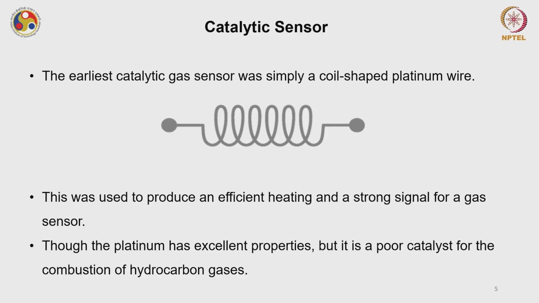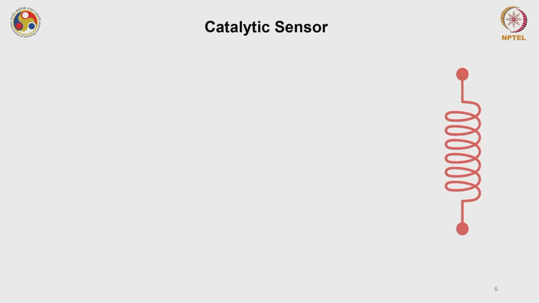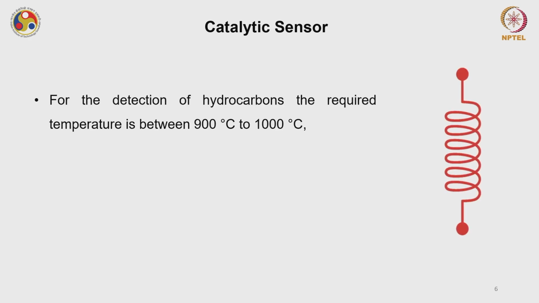Though platinum has excellent properties, it is a poor catalyst for combustion of most of the hydrocarbon gases. So for the detection of hydrocarbons, the required temperature was very high. Very high means anything above 900 degrees Celsius or so, which is actually very difficult to attain if you are not relying on electric heating.